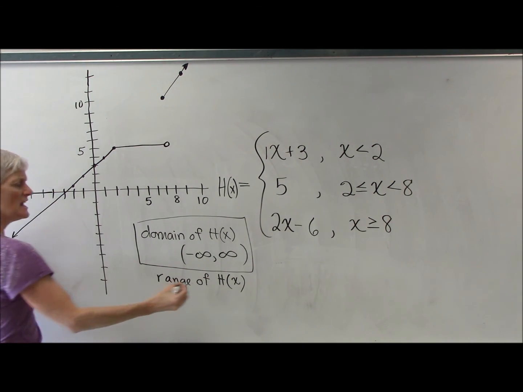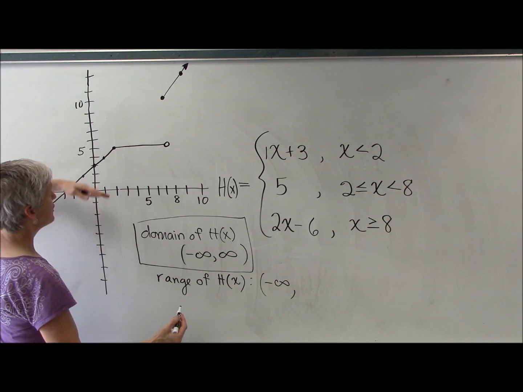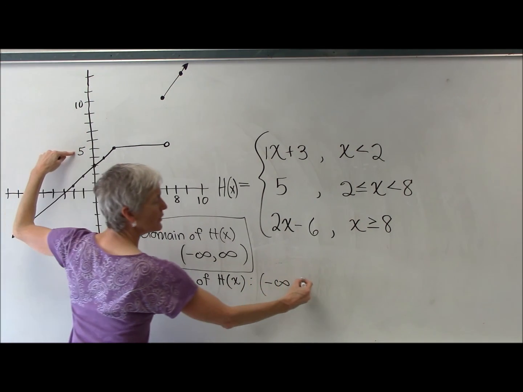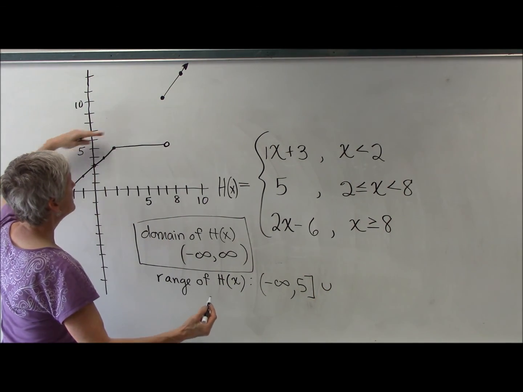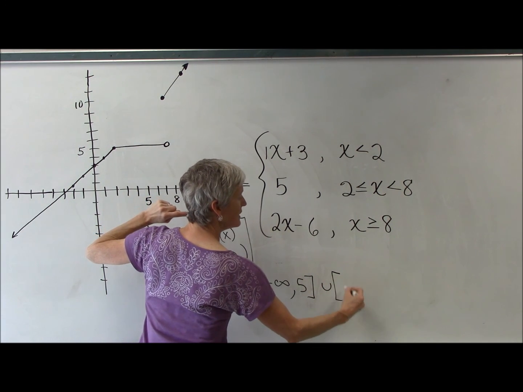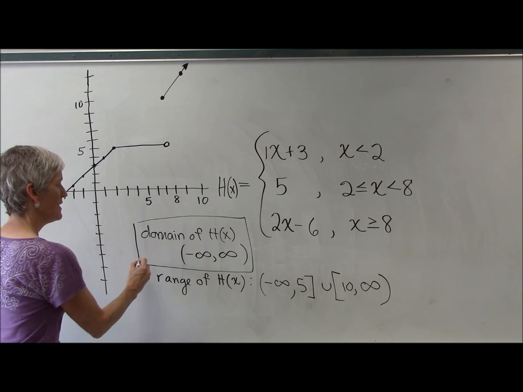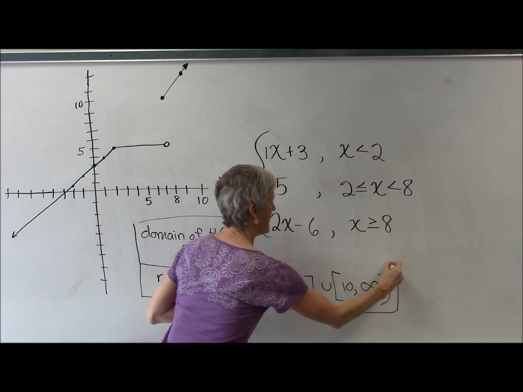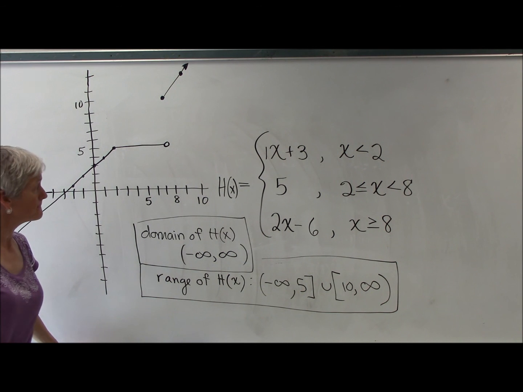So let's see. It looks as though my range goes from negative infinity up to and including a y value of 5. And then my range goes from a y value of 10 all the way up to infinity. That would be your range. Is this making sense?